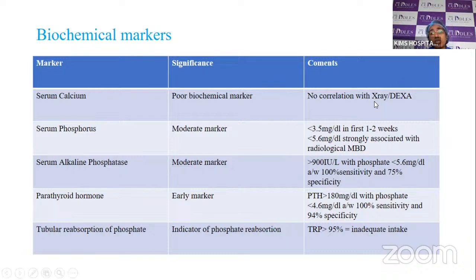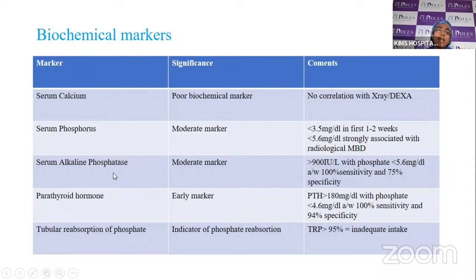So there is no correlation with the X-ray findings or DEXA, that is, dual energy X-ray absorptiometry. Serum phosphate is a moderate indicator, less than 3.5 milligram per deciliter in the first 1 to 2 weeks of life, and less than 5.6 is strongly associated with radiological evidence of metabolic bone disease.